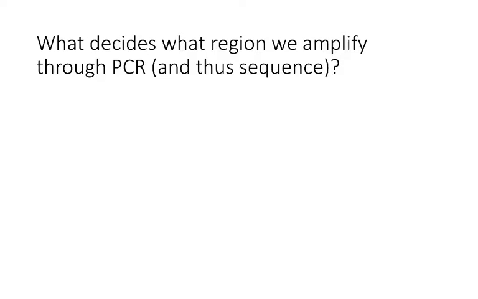And one really important consideration, well, I'm going to ask you what you think that important consideration is. Based on what we've talked about before and what I just showed on the last slide, what decides what region of the genome we amplify through PCR, and therefore what region we will sequence and obtain that DNA sequence from? What do you think the main factor is?